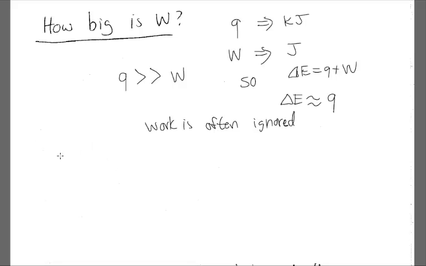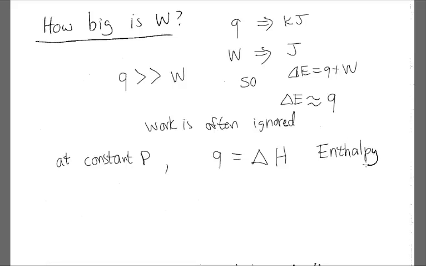Okay, and further, if you are at constant pressure, which we often are, we can also say that Q is at that point a state function. Whenever pressure is constant, Q is then a state function, and we're going to define that state function as enthalpy. H is enthalpy. So Q is going to equal delta H. We now put a delta on it because it's a state function.